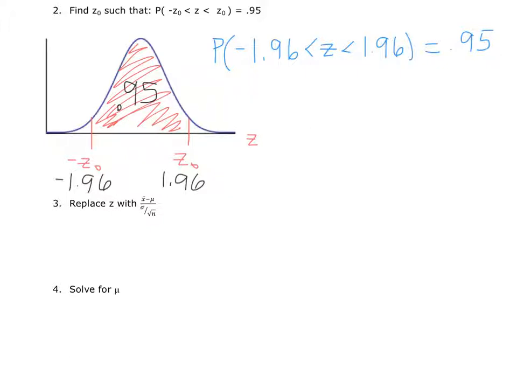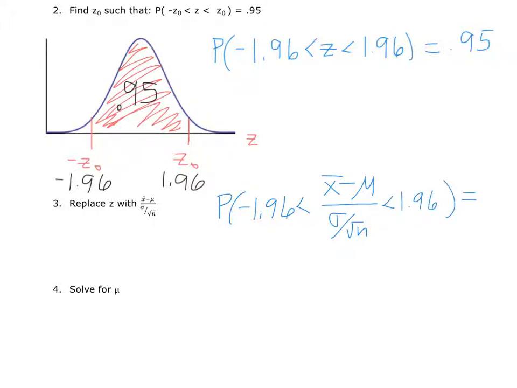So we can now rewrite that probability statement, just replacing z with what it's equal to: x bar minus mu over sigma divided by the square root of n, less than 1.96, is equal to 0.95. So all we've done there is just make this replacement. We now have mu in there.